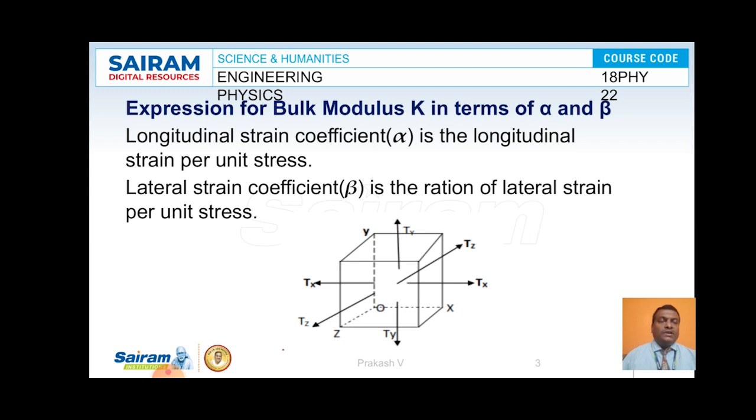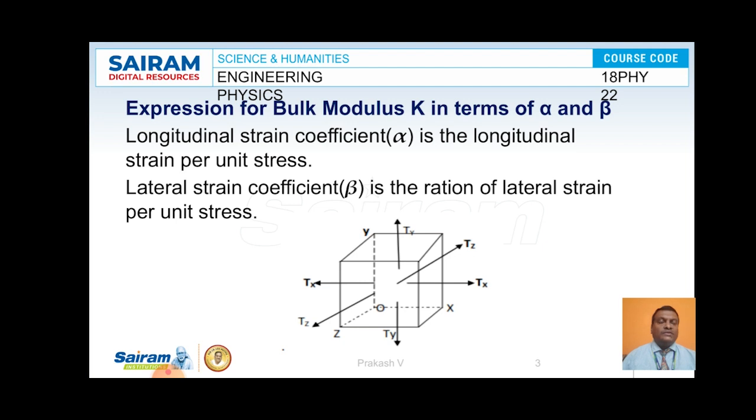So alpha is nothing but the longitudinal strain coefficient. It is the longitudinal strain produced per unit stress. Whereas beta is the lateral strain coefficient, that is, the lateral strain produced per unit stress. So that is the meaning of alpha and beta.